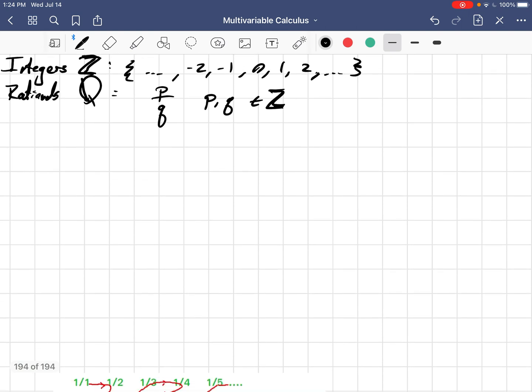And then kind of separately, and I'll detail why I do this later, we have the reals, which is R. In one sense, it's any number that has a valid decimal expansion. So that could be things like pi, e, the square root of 2, and so on.